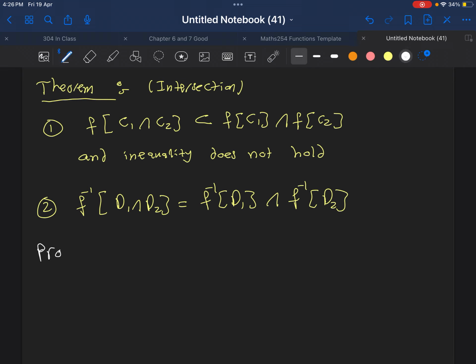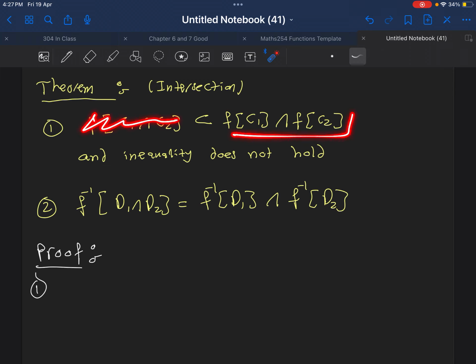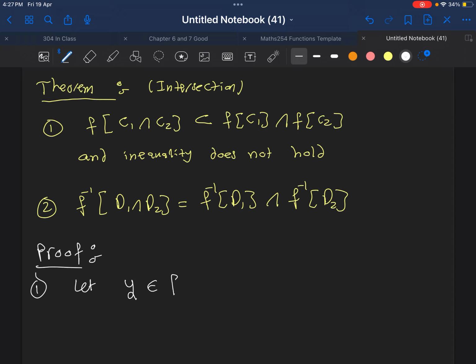So here we have the proof. The first one is kind of straightforward, because I already have something that is a subset of something else, a set on the left and a set on the right. So what we are going to do is choose something, the pick a point method. So I will choose y in f of C1 intersection C2.